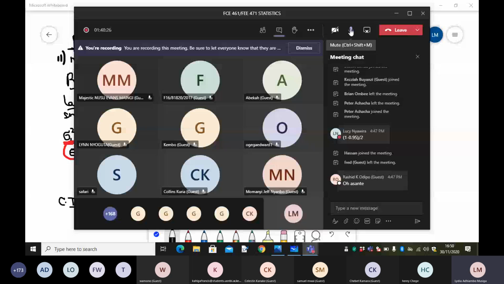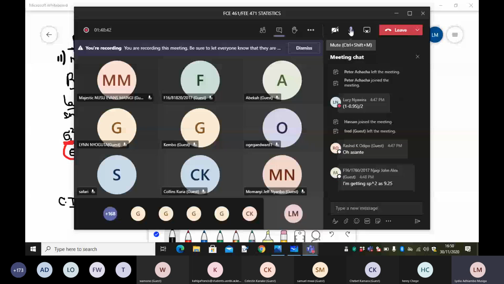Okay, Lucy Nyawira is talking to me, and 1 minus 0.95 divided by 2. You are very correct. Someone is getting pooled sample variance as 9.25.